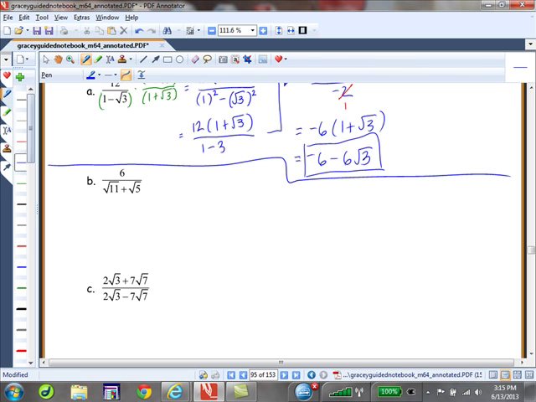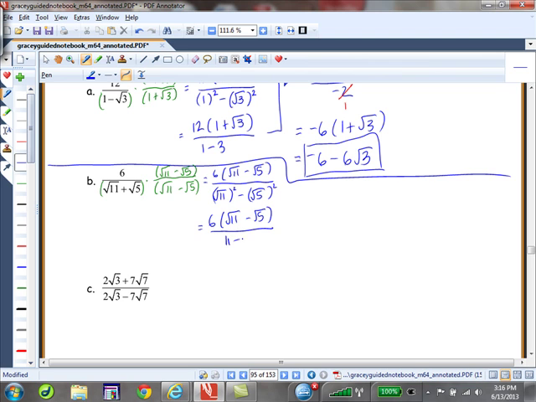What is the conjugate of the denominator? Good, it is going to be root 11 minus root 5. That will give us 6 times root 11 minus root 5 over root 11 squared minus root 5 squared, which will be 6 times root 11 minus root 5 over 11 minus 5.